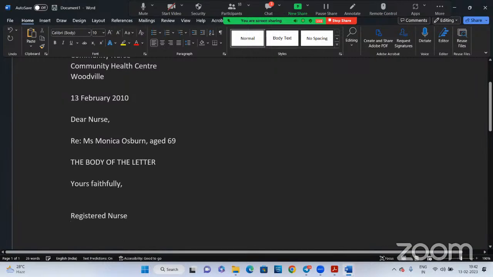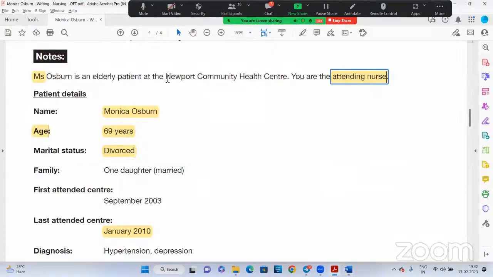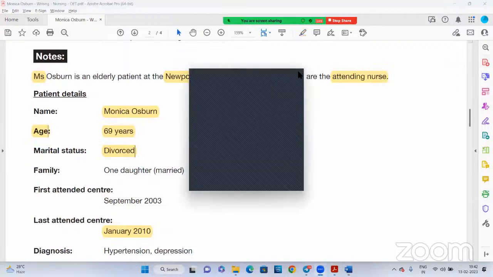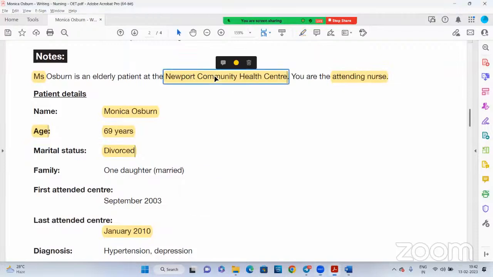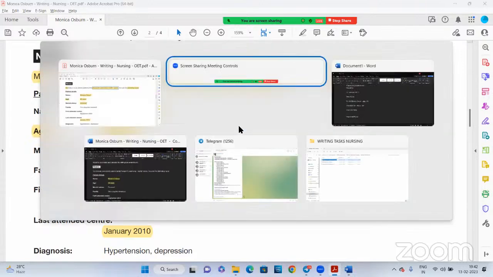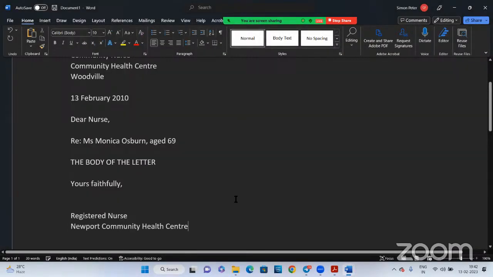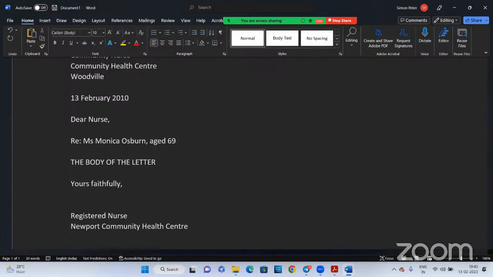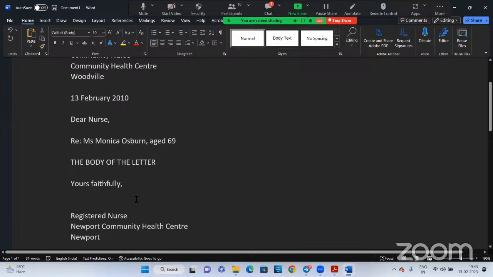And where you are working, health center, Newport Community Health Center. Copy text, write as it is, Newport Community Health Center, and this will be in Newport only.